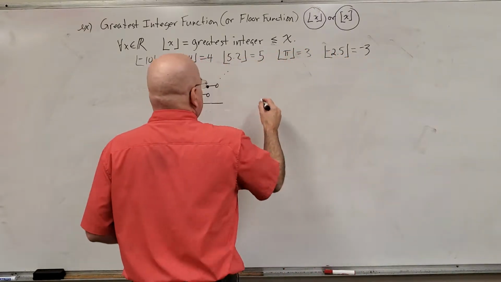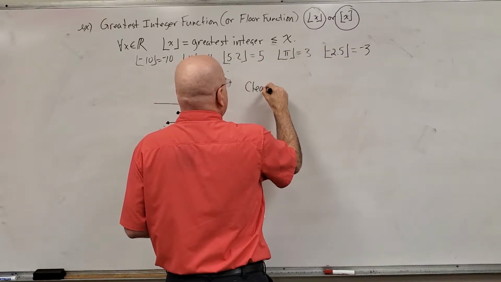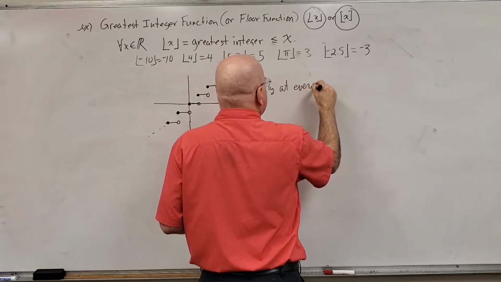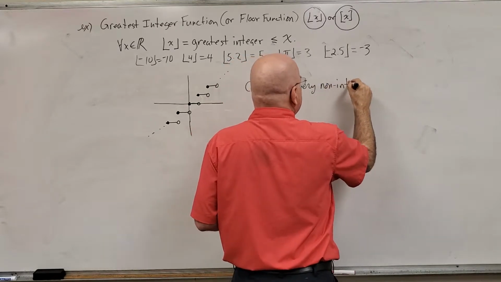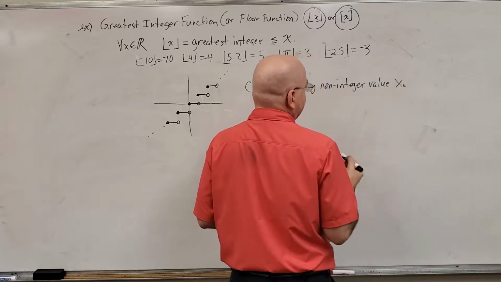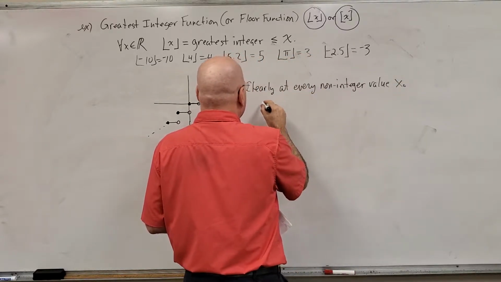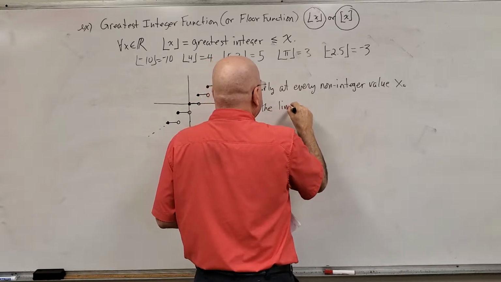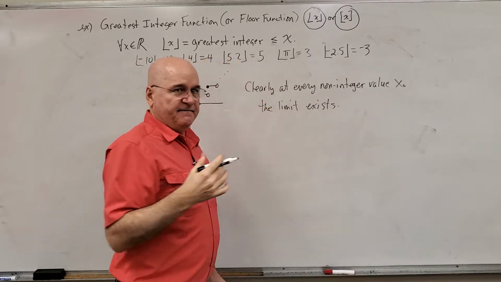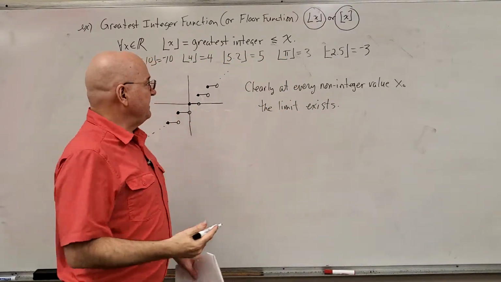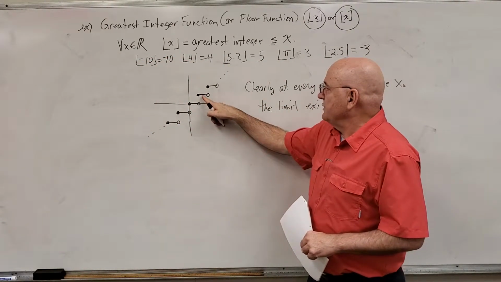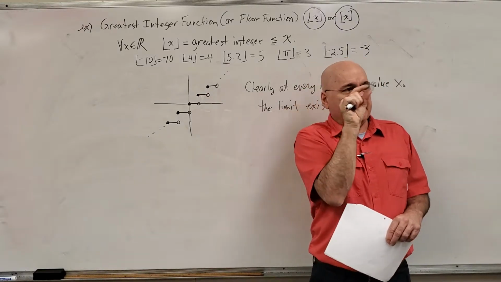Well, the obvious thing is at every non-integer value, call it x naught, the function has a limit. I'll say the limit exists. Could have said f of x has a limit, right? Because if you're not an integer, if you're in between integers, you're basically looking at a constant function.